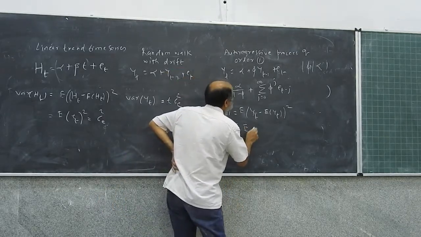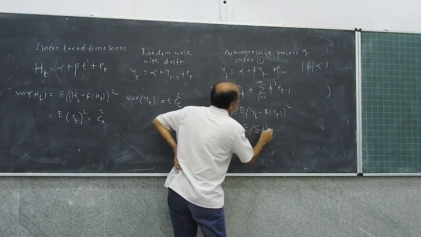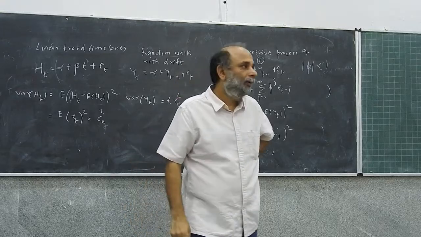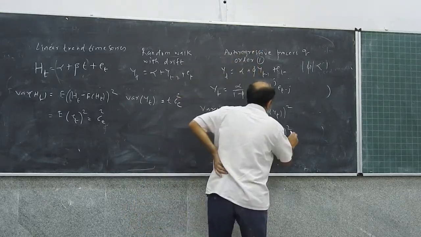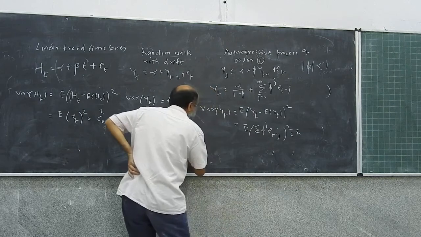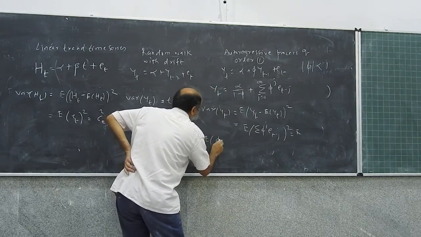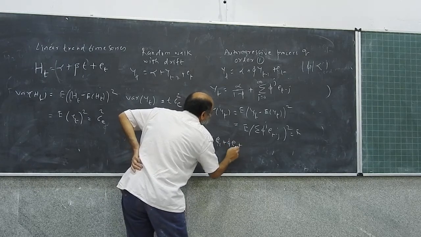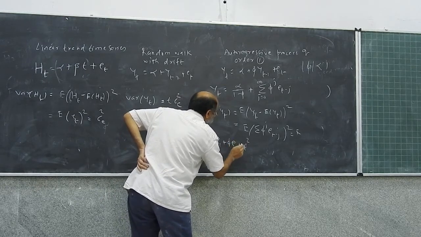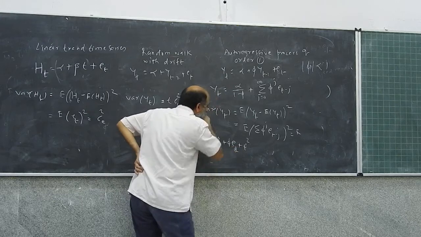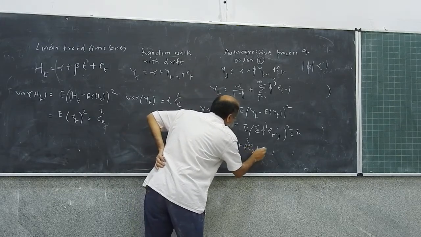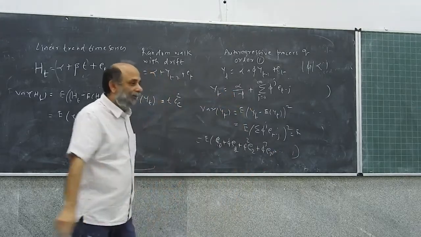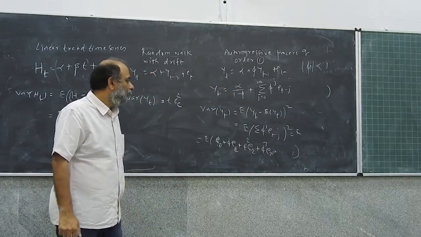Which is the expectation of sigma, which is equal to E0 plus phi E1 and so on, ad infinitum, right? Sure?